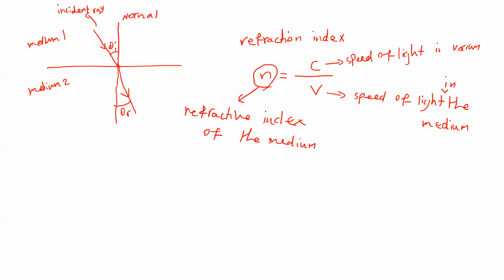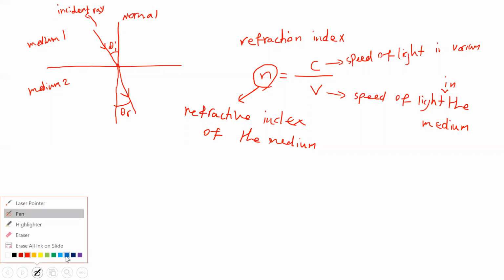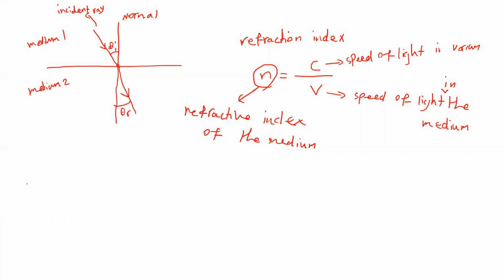Then something else that you need to know is Snell's law. So I go through the definition and formula. Snell's law is n1 sine theta 1 equals n2 sine theta 2. What does it mean?